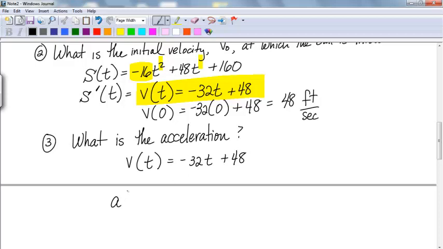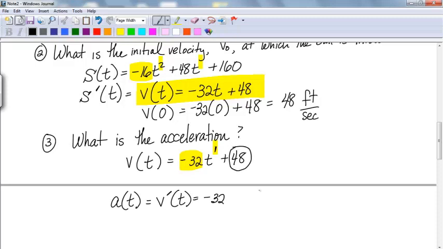So acceleration is the first derivative of velocity. So take this exponent times the number in front and then decrease that exponent by 1. So it's just going to be negative 32, and t to the 0 is just 1. And remember, derivative of a constant is just 0.